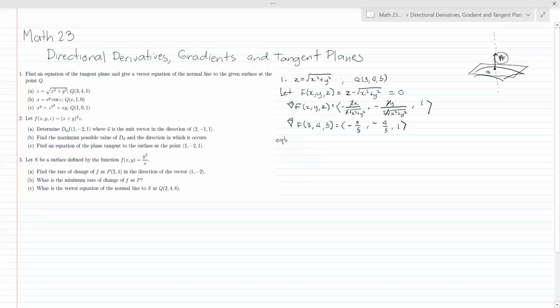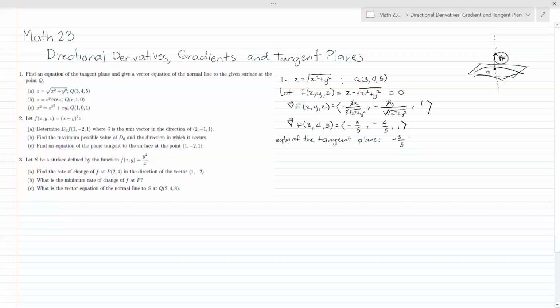So, equation of the tangent plane, kailangan lang yung vector, which is yung gradient F. So, paano ba tayo nag-form ng equation of the plane?